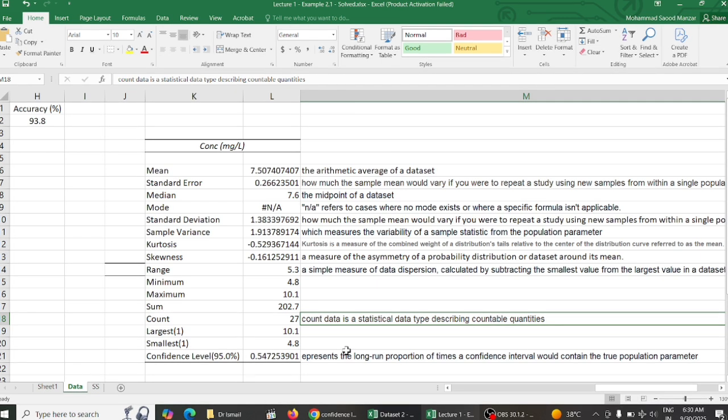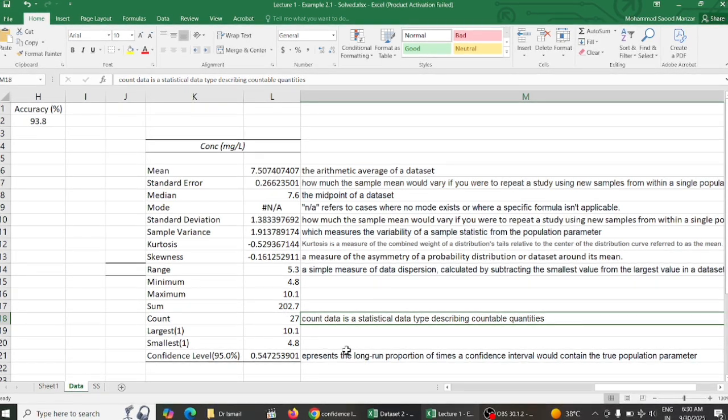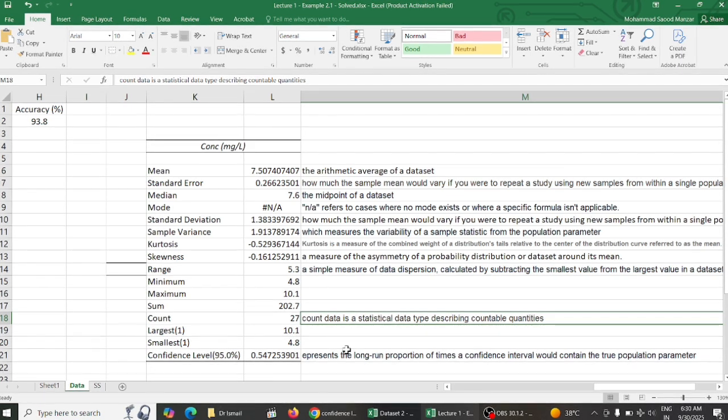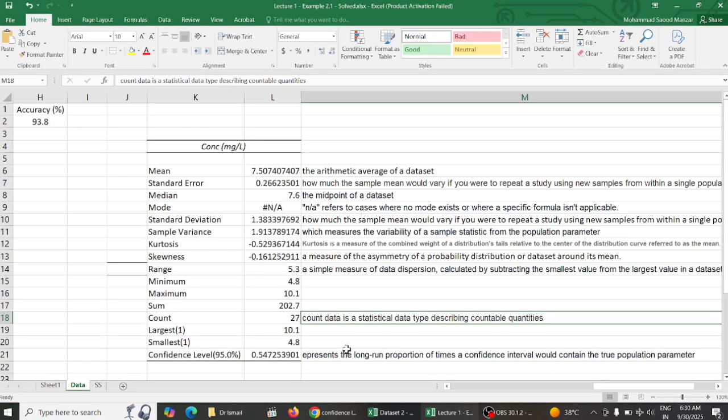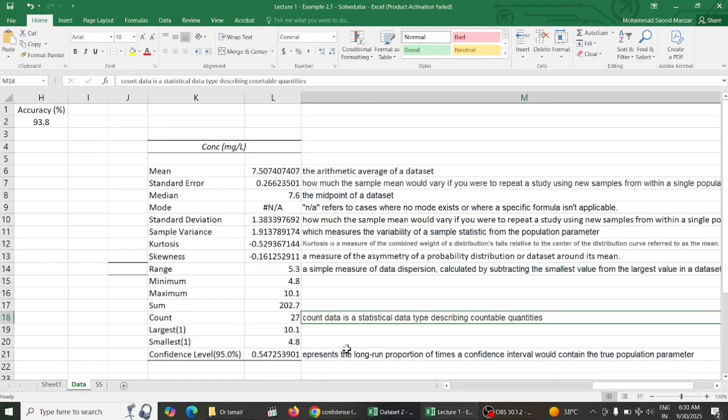Also if you have 90%, 98%, this means that 98% or 95% of intervals constructed from repeated samples will capture the true value.